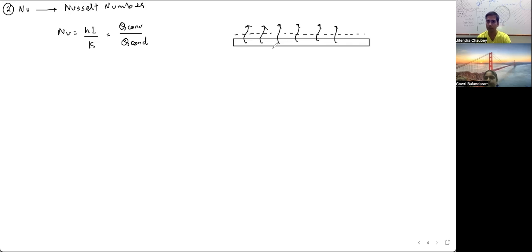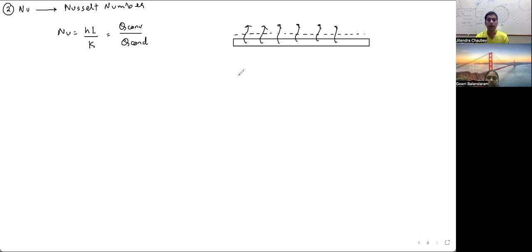Conduction, purely conduction. Because it's steady state. Conduction is basically how you absorb the heat by two phenomena, one by vibration, another by movement of the electrons, and you let the heat flow from one end to another.